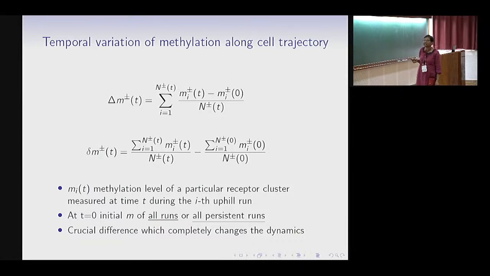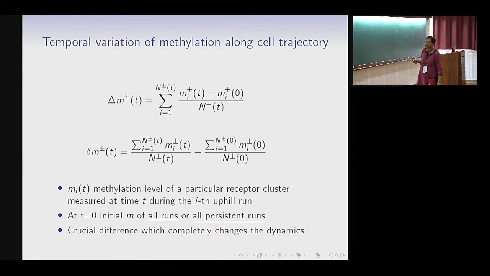And n±(t) is the number of runs which are persisting till time t. So this capital delta M(t) considers the run, let's say an uphill run, and measures the methylation level at time t. From that, it subtracts the initial methylation level of the same run at time 0, and it averages over many such runs, summing over i, and finally it divides by the total number of runs taken.